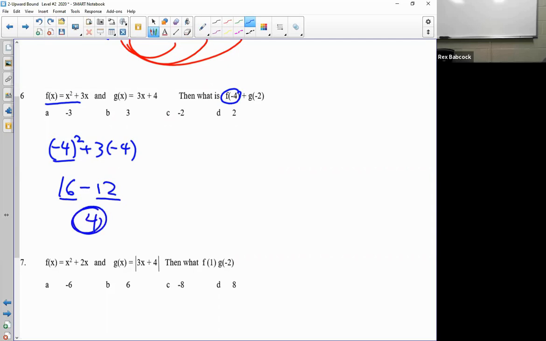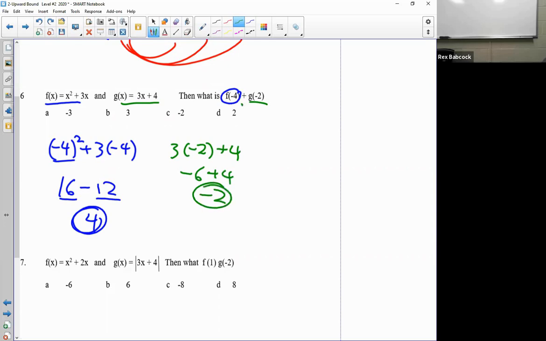Save that answer. G of x, g of negative 2, so that's 3 times negative 2 plus 4. Minus 6 plus 4 is minus 2. And it says to add those, so 4 minus 2 is 2. And we have an answer. It's D.